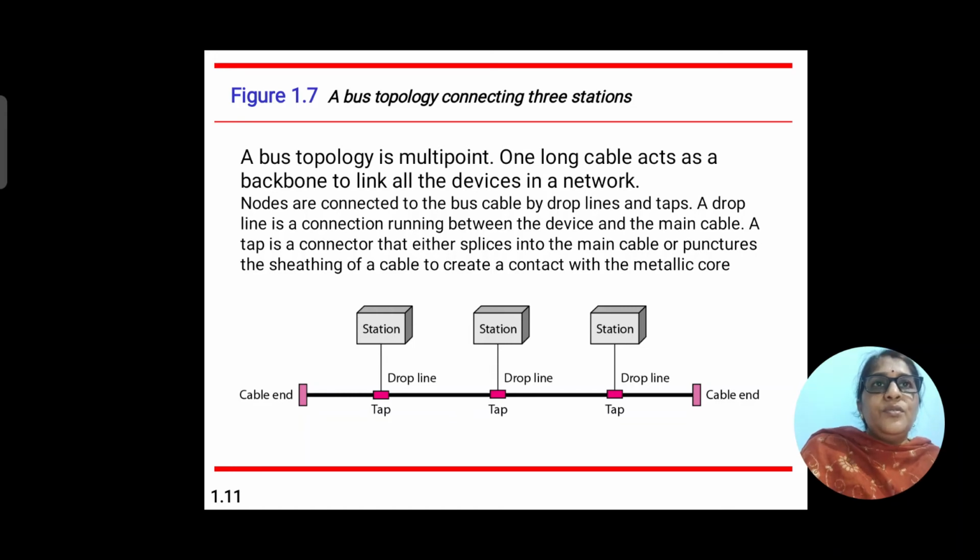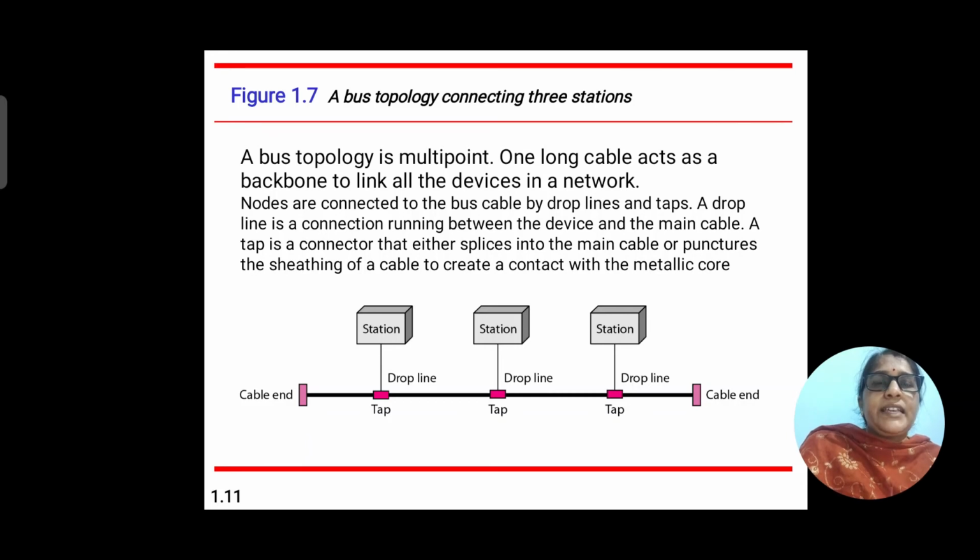Nodes are connected to the bus cable by drop lines and taps. As shown in the figure, the nodes are connected to the bus cable by drop lines and taps. A drop line is a connection running between the device and the main cable.